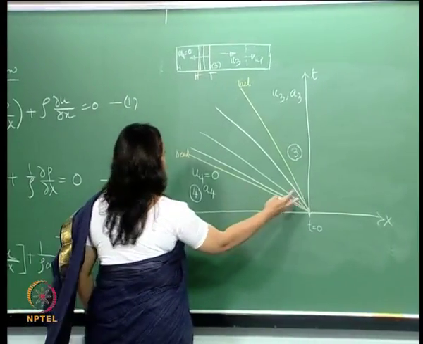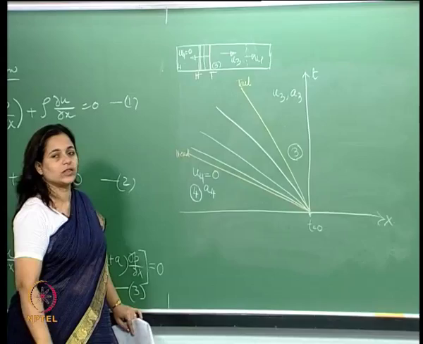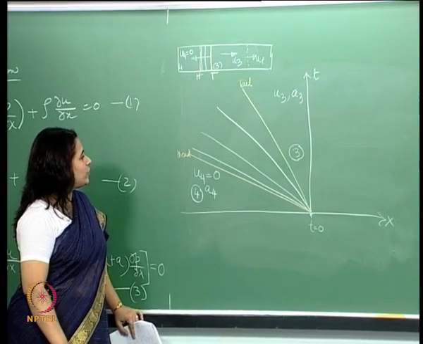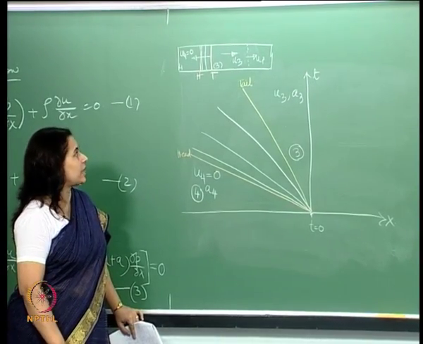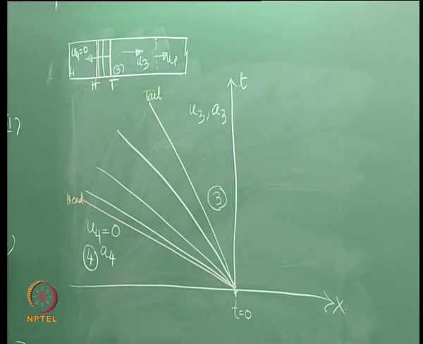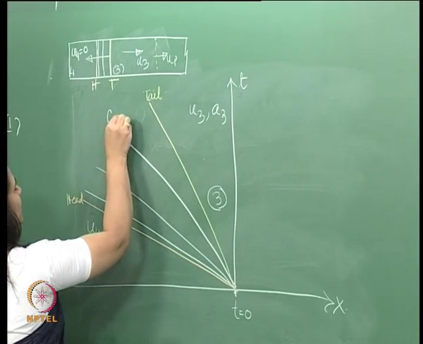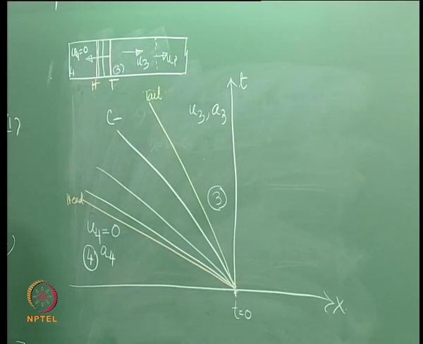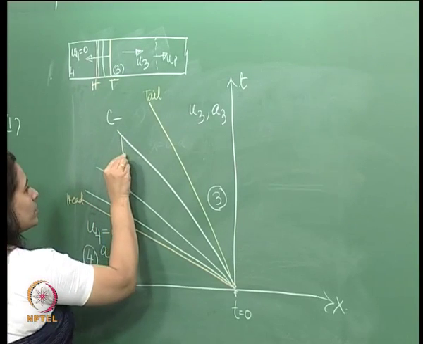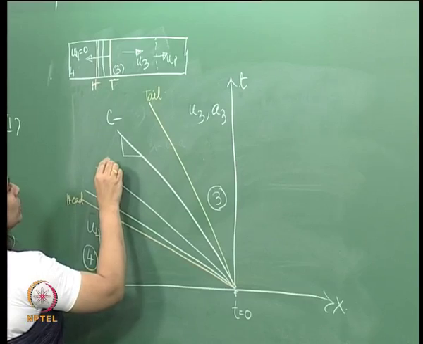So now these say are the characteristics. If you consider these are C minus characteristics, because the particle is for a left running wave. So let us say these are all C minus characteristics on which this is the slope, isn't it?